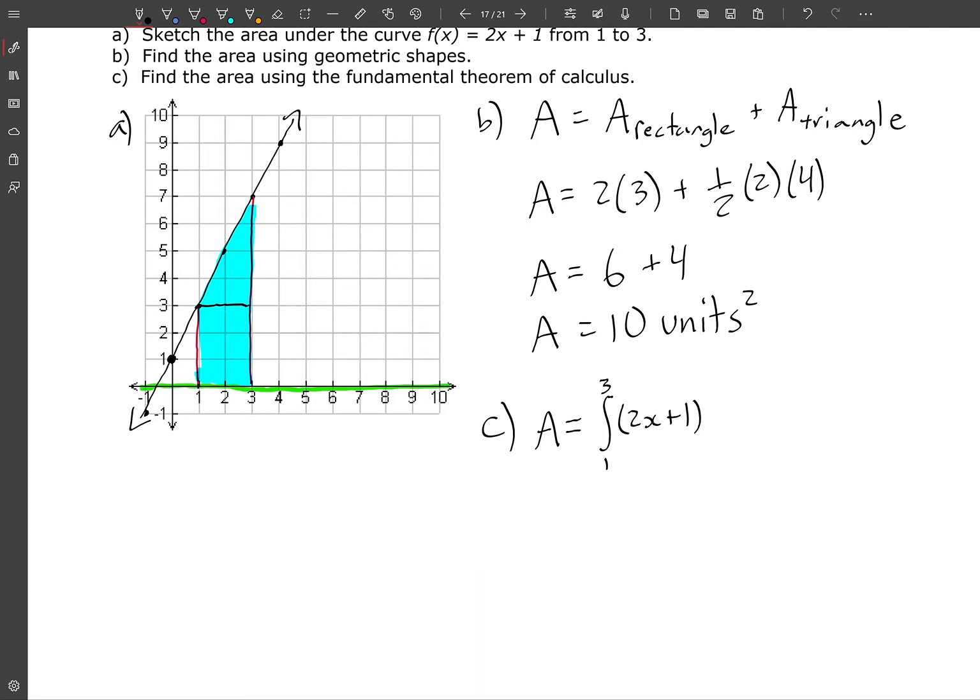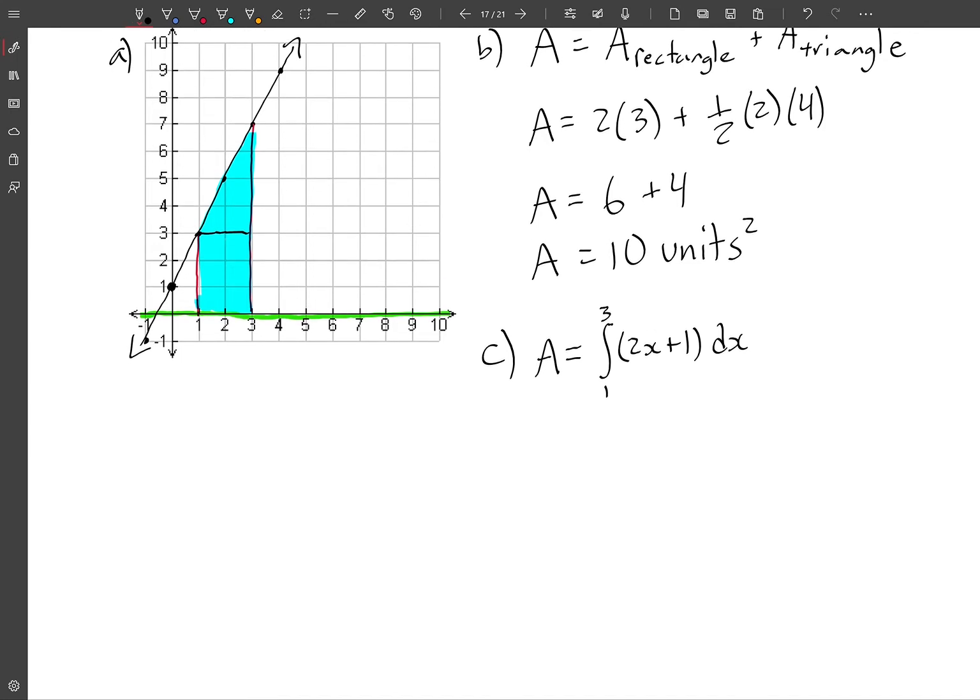So if I want to know the area under the curve for 2x plus 1 between 1 and 3, I take the integral from 1 to 3 of 2x plus 1. I take that integral and I get 2x squared over 2 plus x, from 1 to 3.